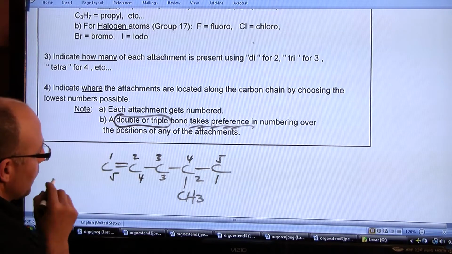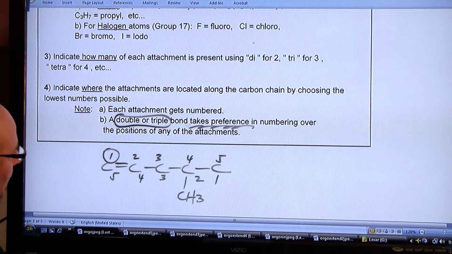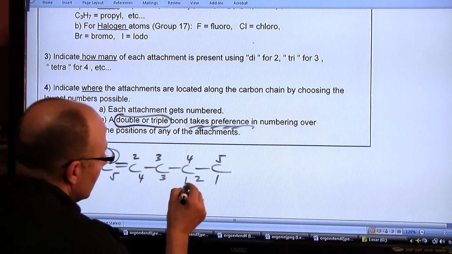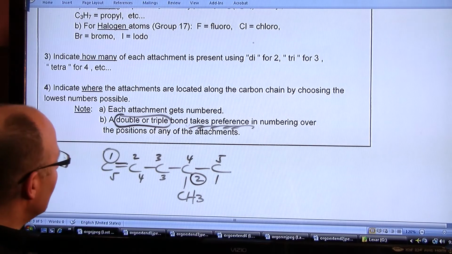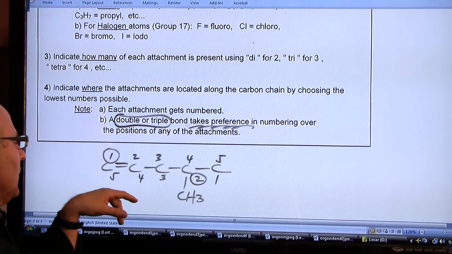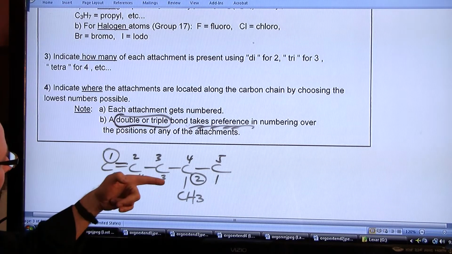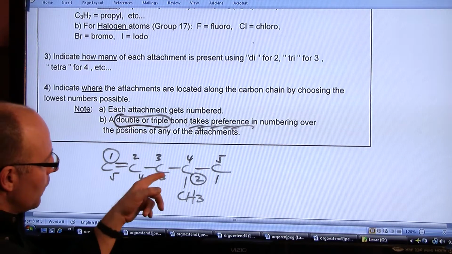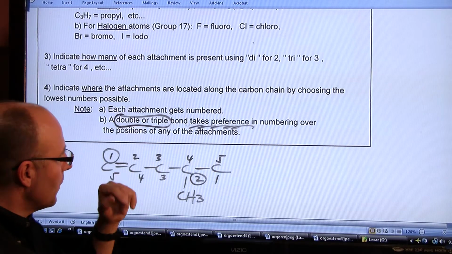Now the question is, what's more important? Giving the double bond a 1 position or giving the methyl group a 2 position? And since IUPAC tells us the double bond takes preference, then we're going to number from left to right, which is going to force the methyl group to be in the 4 position.